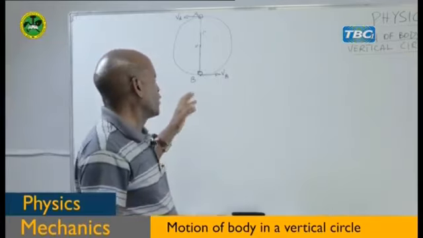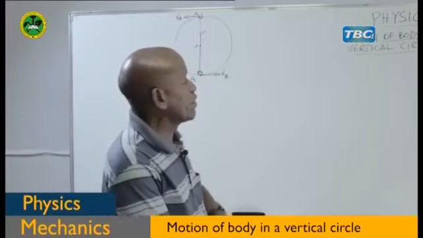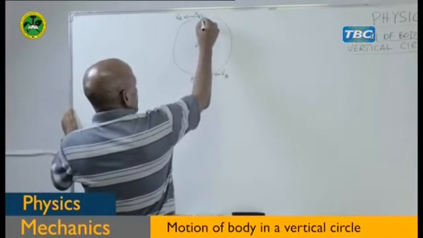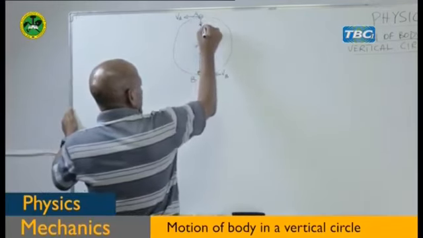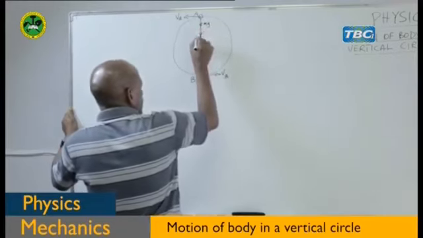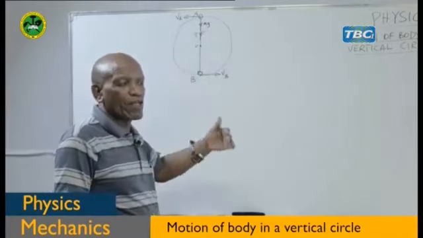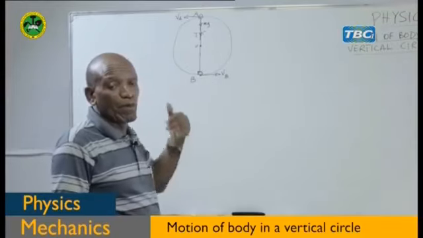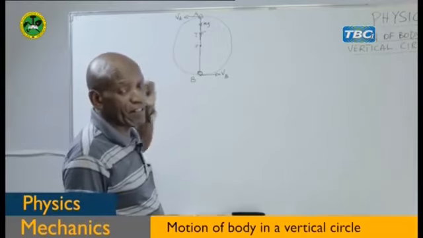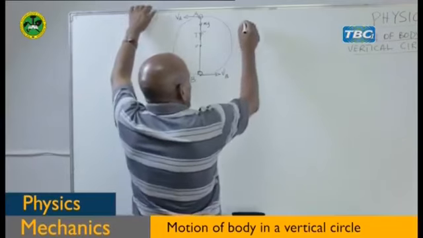So all in all, it will take us to those forces we have solved previously, where we said that whenever a body is at the top, its weight mg is acting downward together with the tension T, which is also acting downward, such that for looping the loop to be successful, the necessary force to provide the centripetal force will be equal to T plus mg, which is equal to mv squared over r.